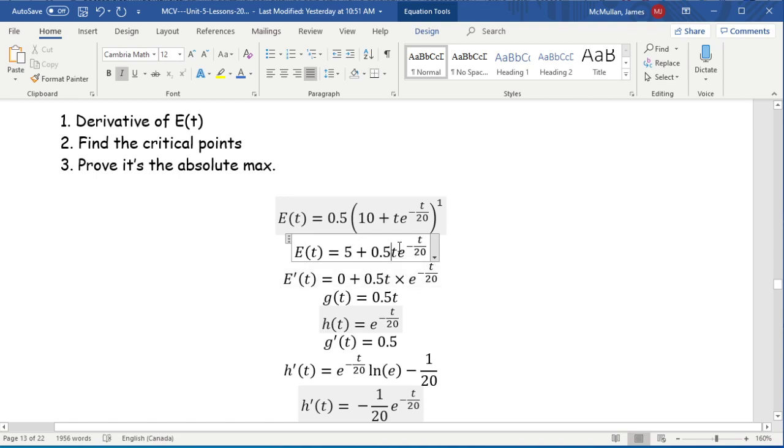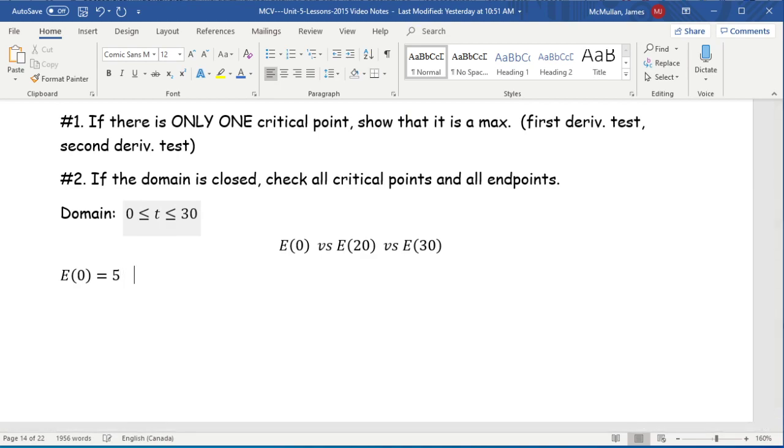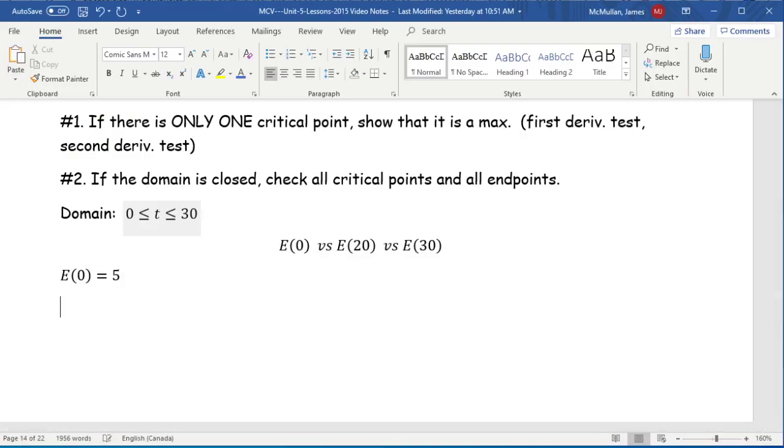Sorry, the t here is 0, so everything else in this chunk would be 0, and then you're just left with the 5. So that makes sense. E of 0 is 5, okay? E of 20, if we're plugging in 20, we get an answer of 8.68.